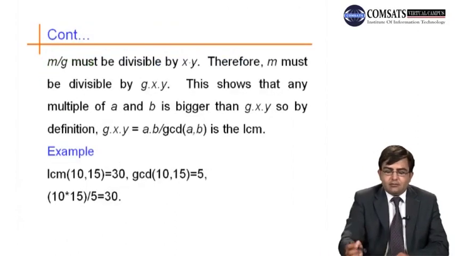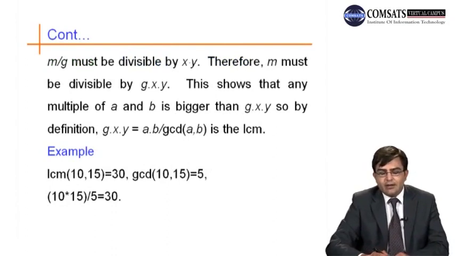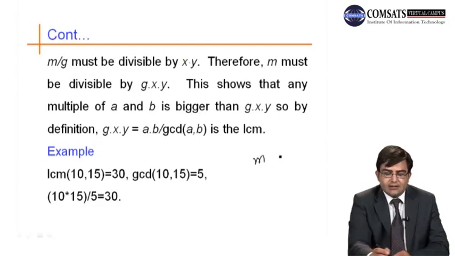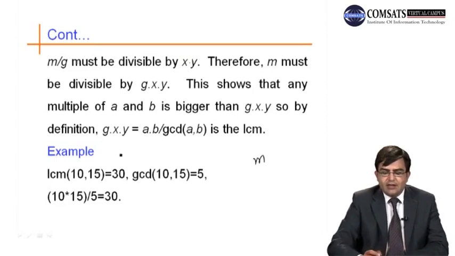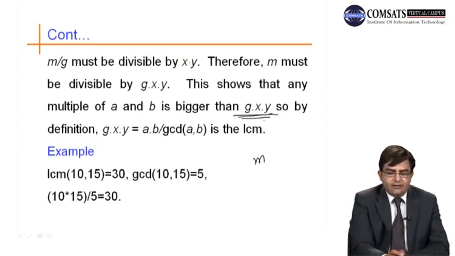Therefore, if M divided by G is divisible by XY, then we can say that G into X into Y must divide M, which shows that any common multiple of A and B is at least G into X into Y. So by definition, GXY, which is A into B divided by GCD, is the LCM.